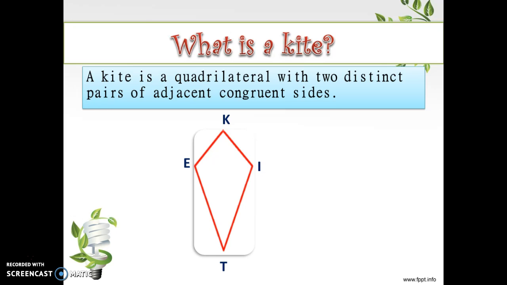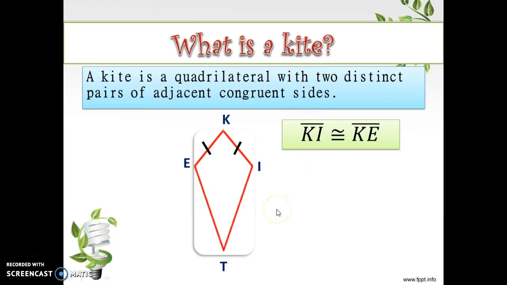So the first pair would be this and this. So we say line segment KI here is congruent to line segment KE. That is the first pair because we need two pairs.